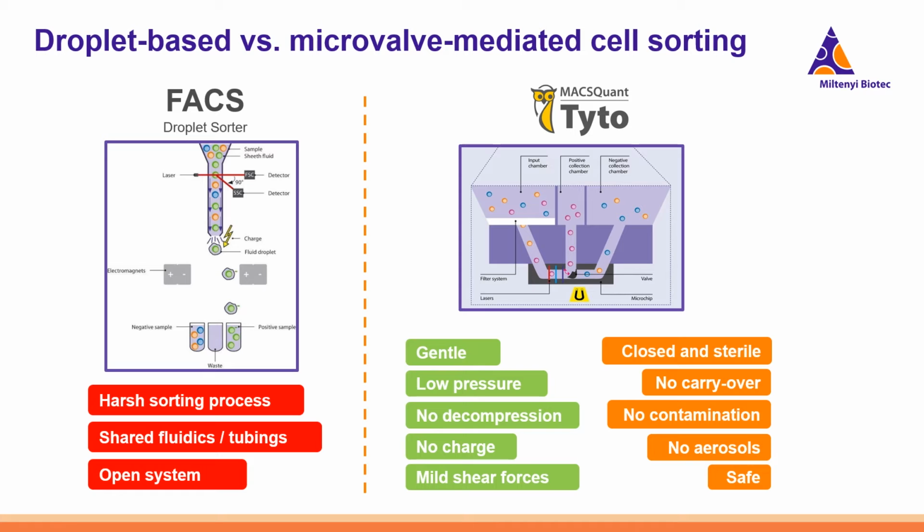And as I already mentioned, because the Tyto cartridge is a single-use consumable, there are no sample-to-sample carryover and contamination problems between runs. In addition, the sorting is happening in a completely closed environment on the Tyto, so there will be no aerosols generated during sorting, which is also very important for operators' safety in the lab as well.